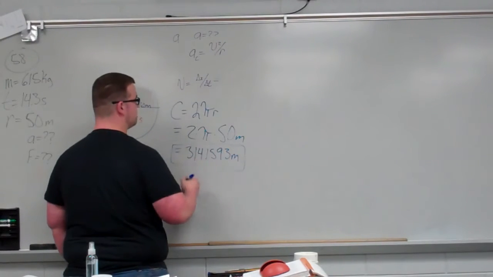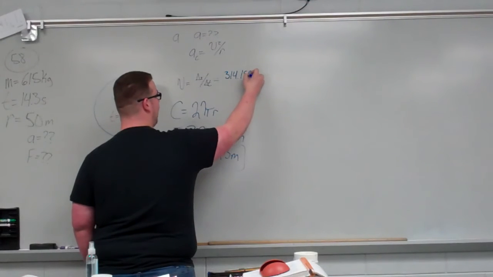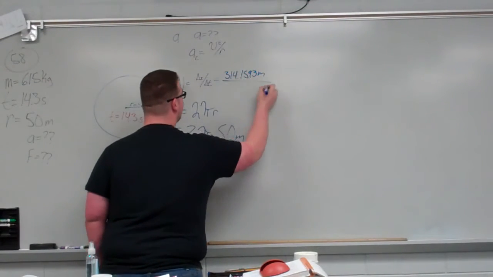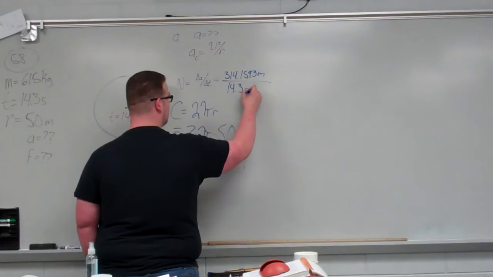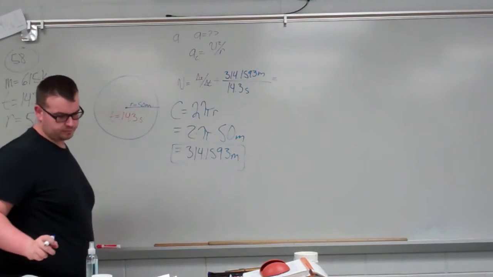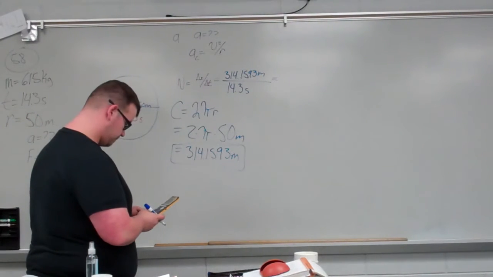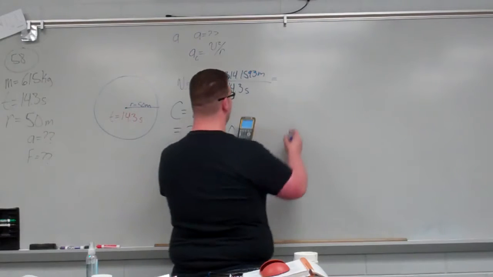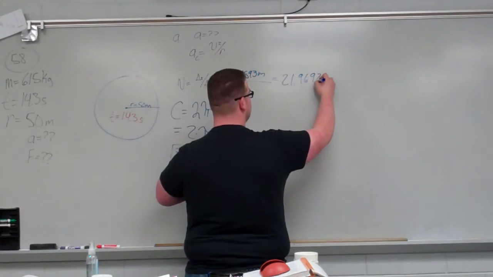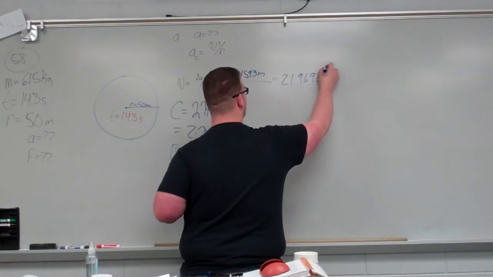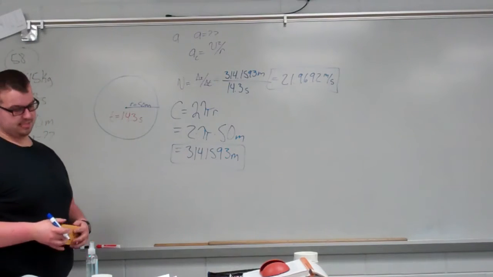Change in position, 314.1593 meters, divided by the change in time, 14.3 seconds, will be equal to 21.9692 meters per second. I'm still not done. The only thing I've got there is velocity.